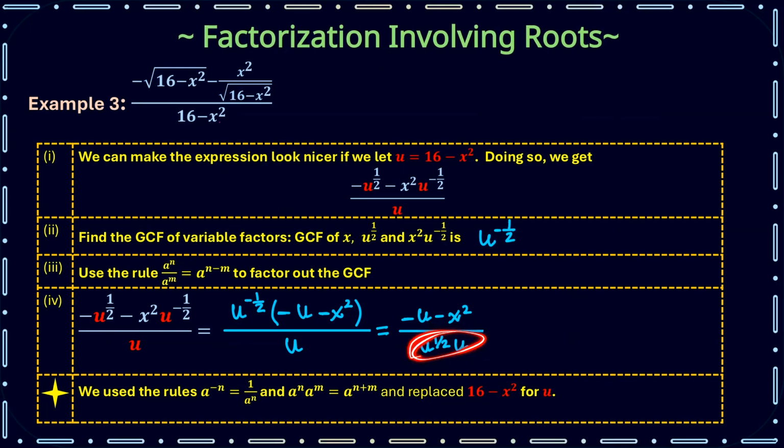When we multiply two exponentials, we add their exponents. So we end up with u to the 1/2 plus exponent 1, that's 3/2. And on the top, I'm going to again take out the negative. We get u minus x squared. And then finally, what you need to do is replace u with 16 minus x squared.